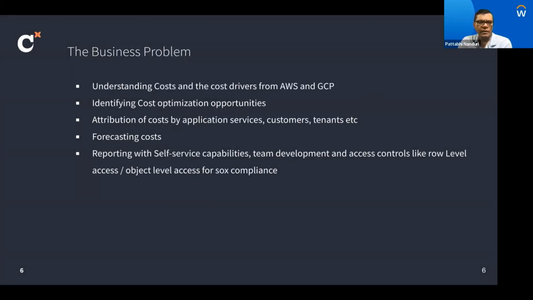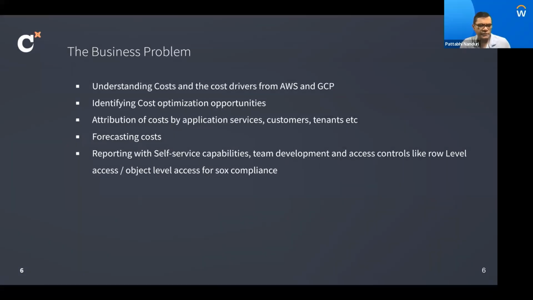So the business problem we had to begin with is understanding the costs and cost drivers of the public cloud from AWS and GCP, the two being the most used cloud providers.